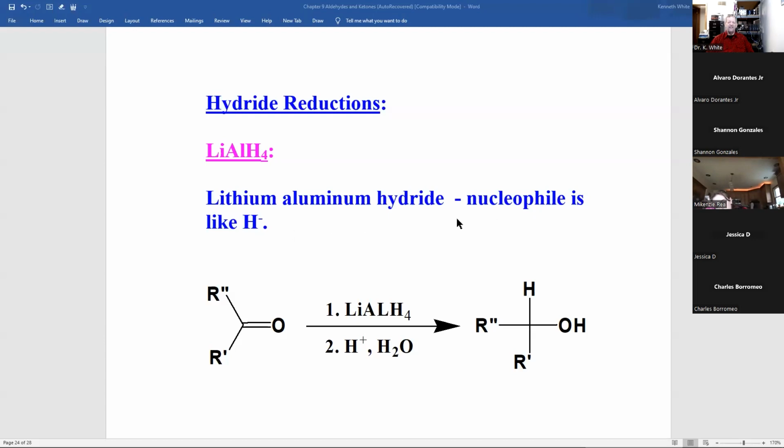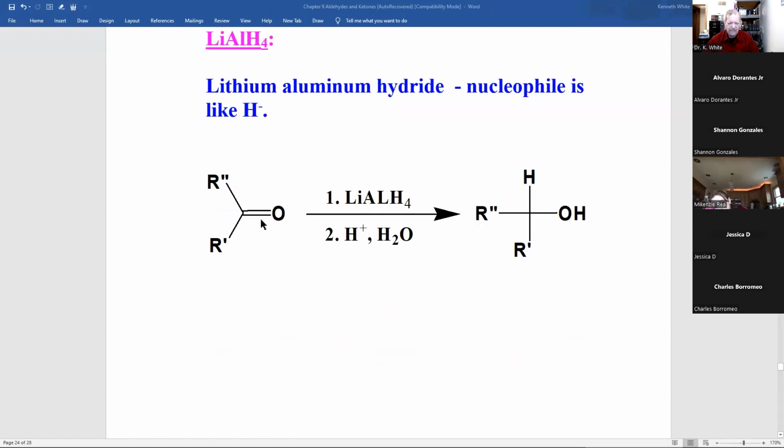Now, think of the hydrogens in this molecule as really hydrides, like H minus, similar to Grignard. And if I take a ketone or aldehyde, if R prime is H, it's an aldehyde. First step, react it with lithium aluminum hydride. Second step, acid and water.